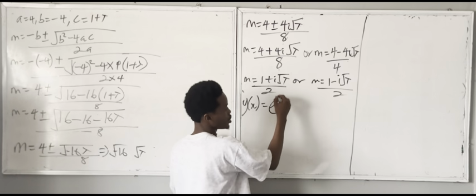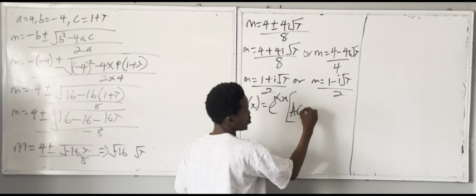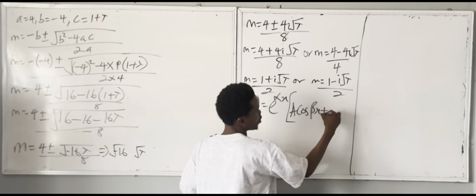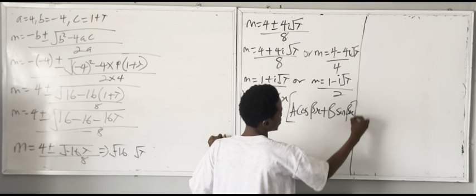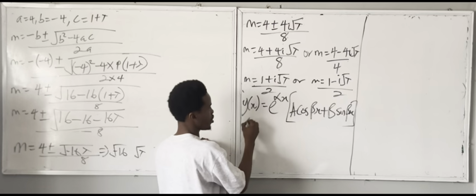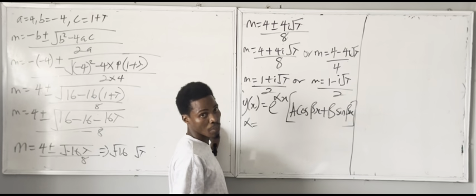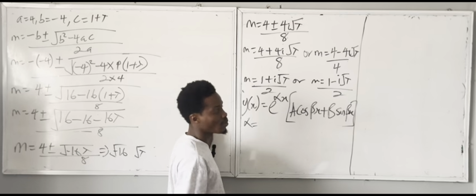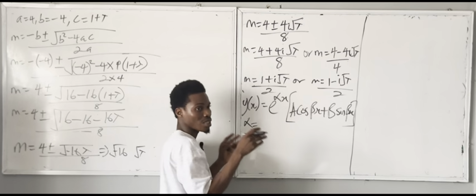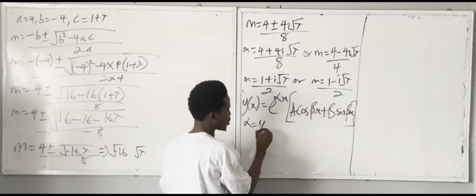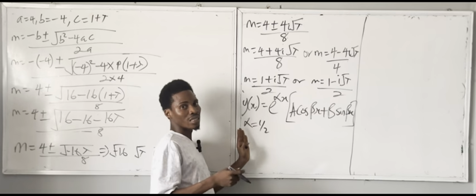Conjugate root means exponential alpha x into a cos beta x plus b sine beta x. Whenever my alpha is my real part, that is the number that is not i, positive or negative, which is 1 over 2, a fraction, rational or irrational number, that is my alpha, the real part.